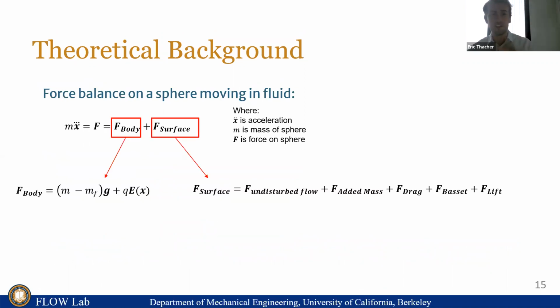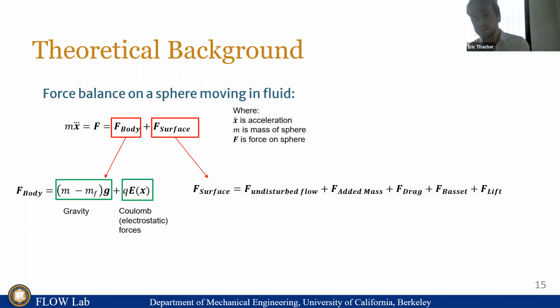So we start with this equation. If we just look at a solid sphere, so we're not considering evaporation, then there are some body forces and some surface forces. The body forces I'm giving here are the force due to gravity. I'm also including some electrostatic forces, which typically I would have thought could be neglected, but as I'll go into later in the talk, sometimes show up in really annoying and unexpected ways.